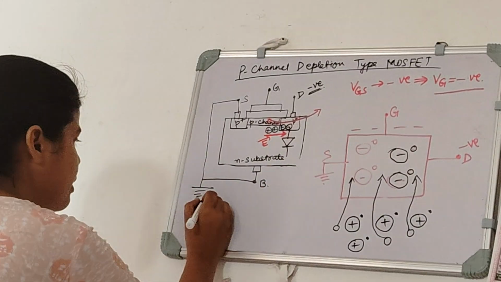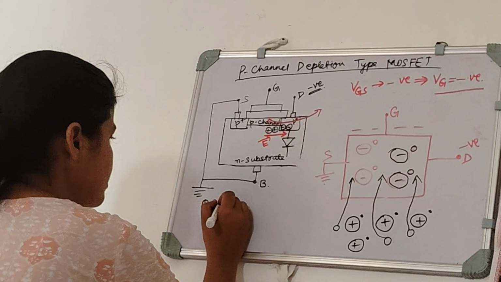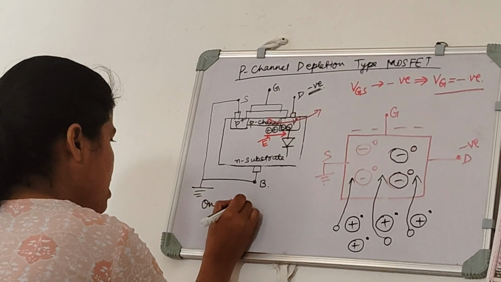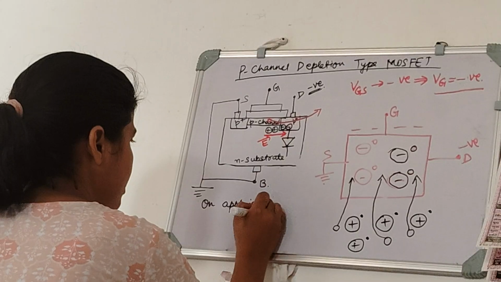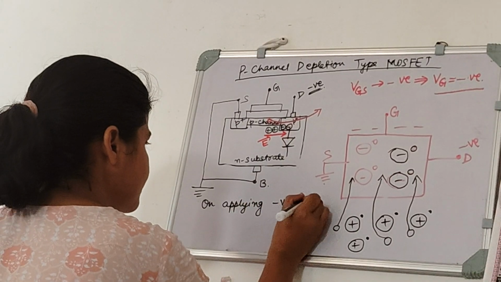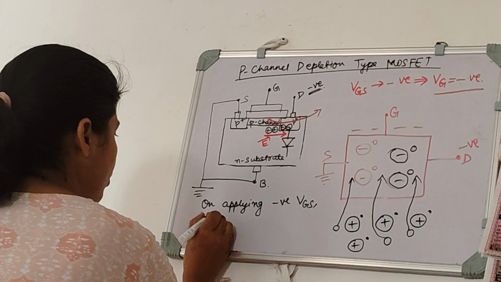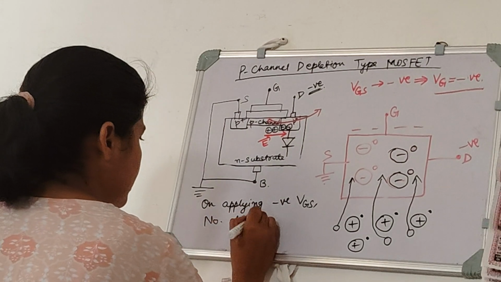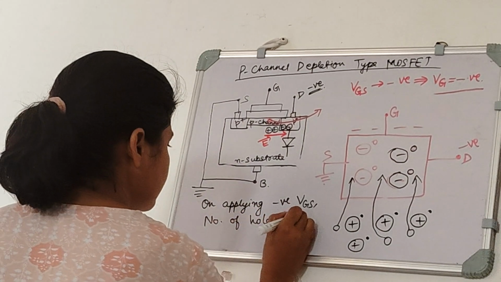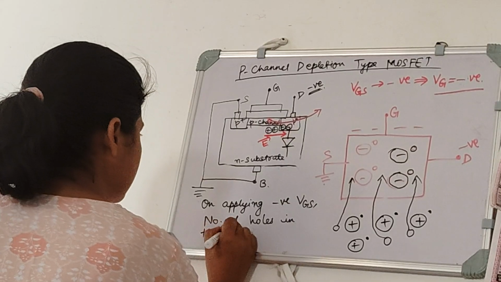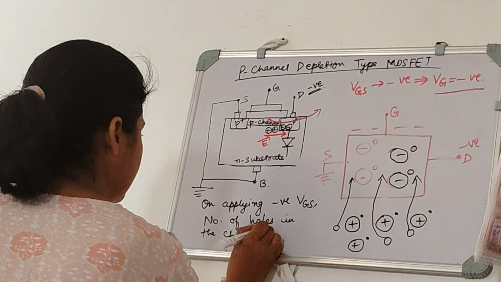So we can say that on applying negative VGS, the number of holes in the channel increases.